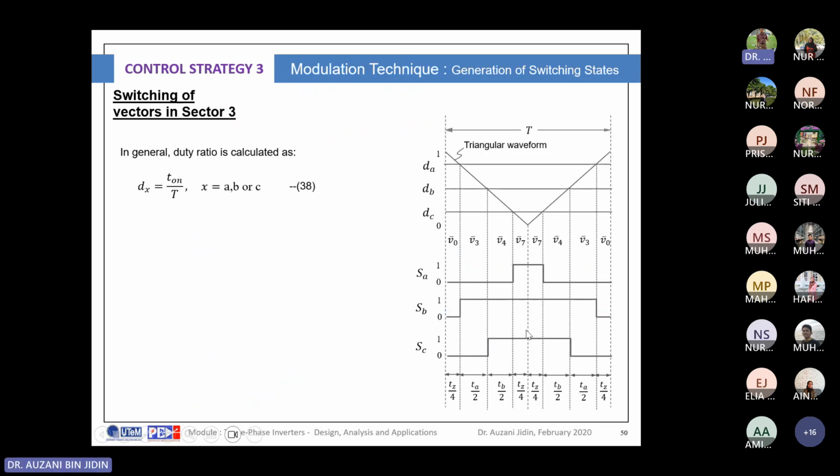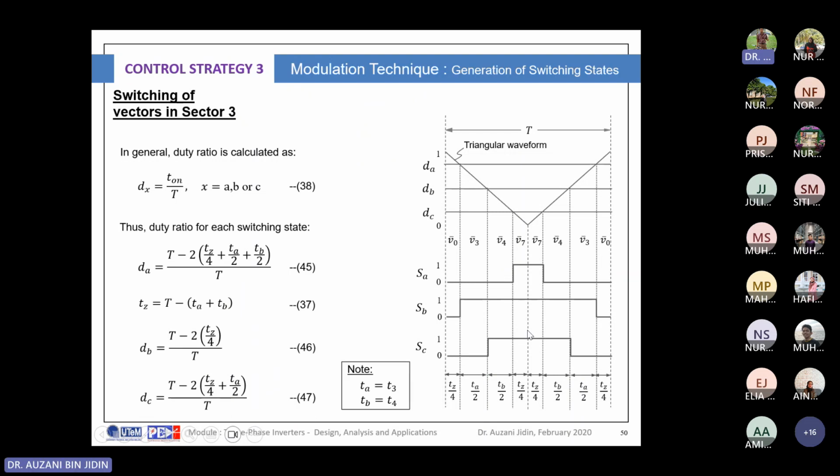Sector number 3, you can see the off time. It covers 6 intervals, 3 on the left-hand side and another 3 on the right-hand side. So you can calculate the off time here. I need it for DB and DC.